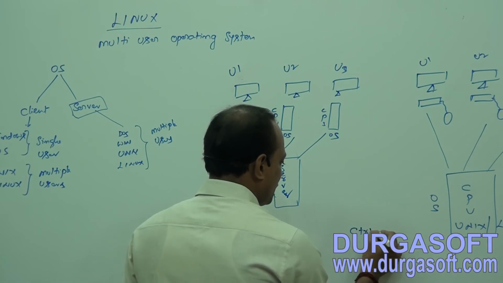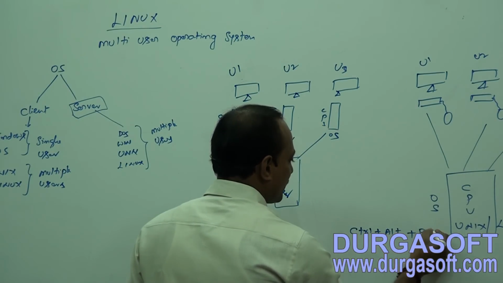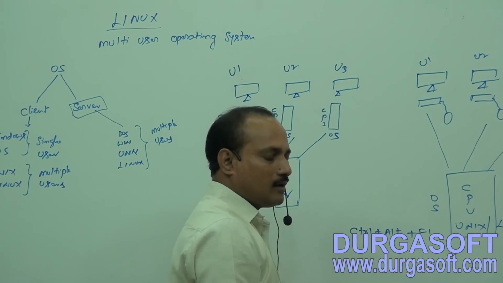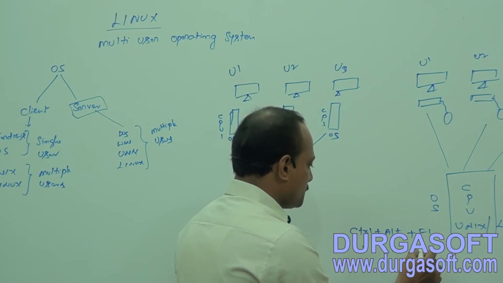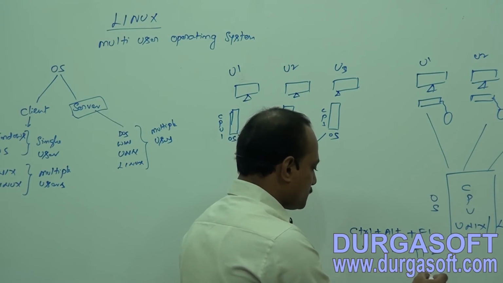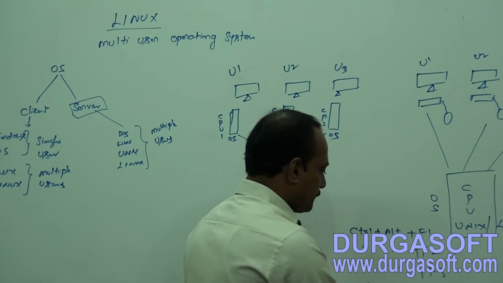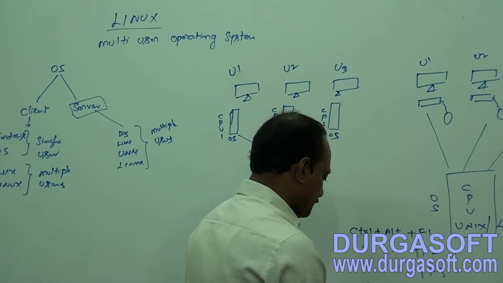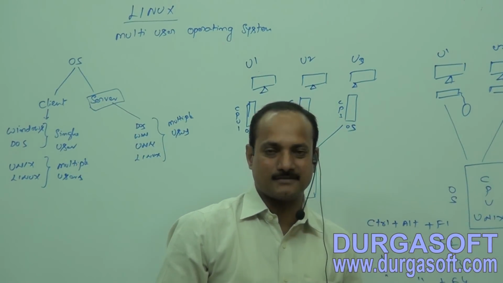To connect to the system as the first user, use Control plus Alt plus F1. To connect as the second user, use Control Alt F2. Control Alt F3 for the third user, Control Alt F4 for the fourth user, Control Alt F5 for the fifth user and Control Alt F6 for the sixth user.